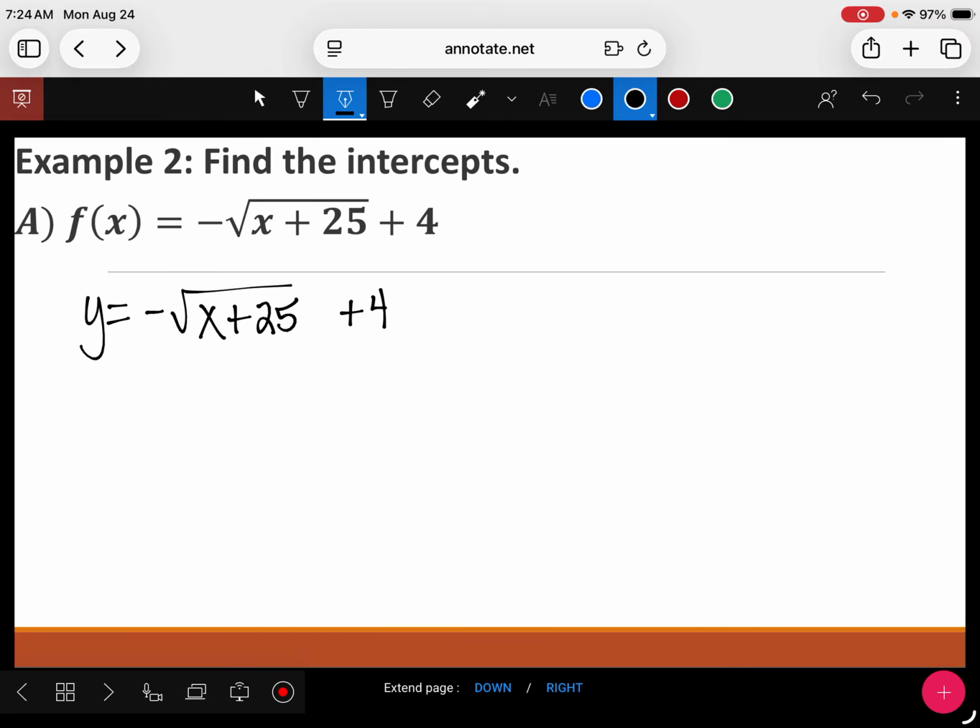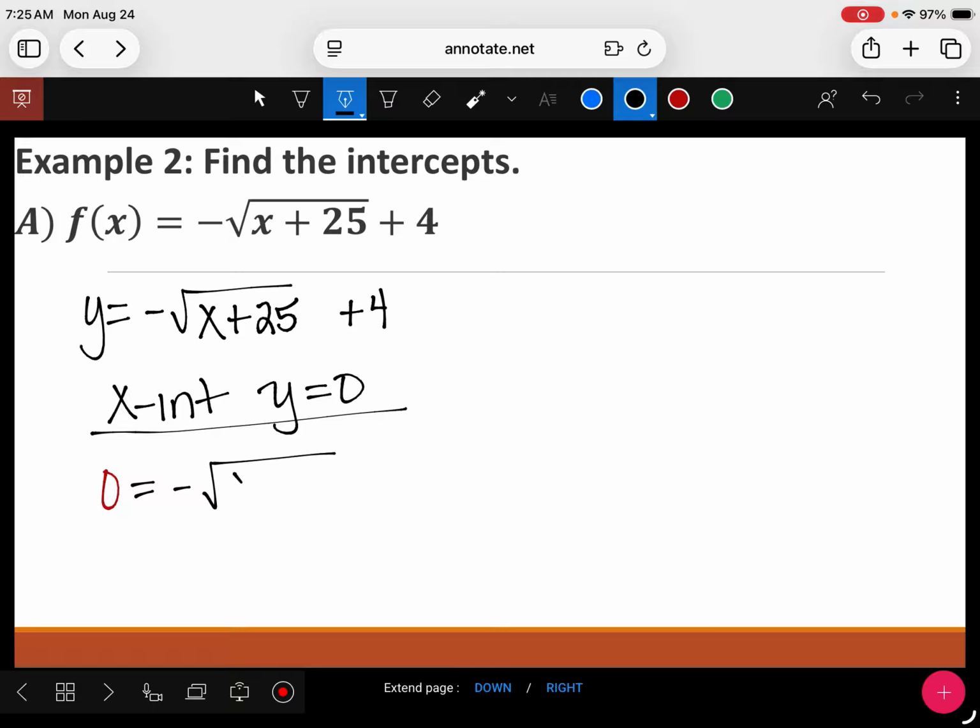So let's start off by finding the x-intercept. If I'm trying to find the x-intercept, that means that y is equal to 0. So let's put our 0 right here, and solve it for x.